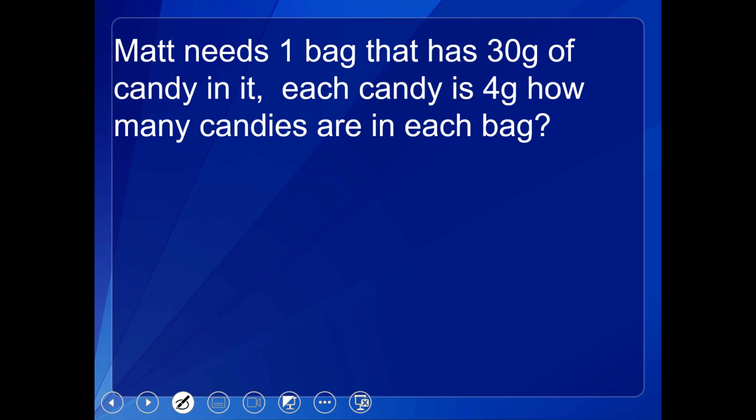So we have our C1, V1, C2, V2. So he needs, so this is going to be your volume, 1 bag.